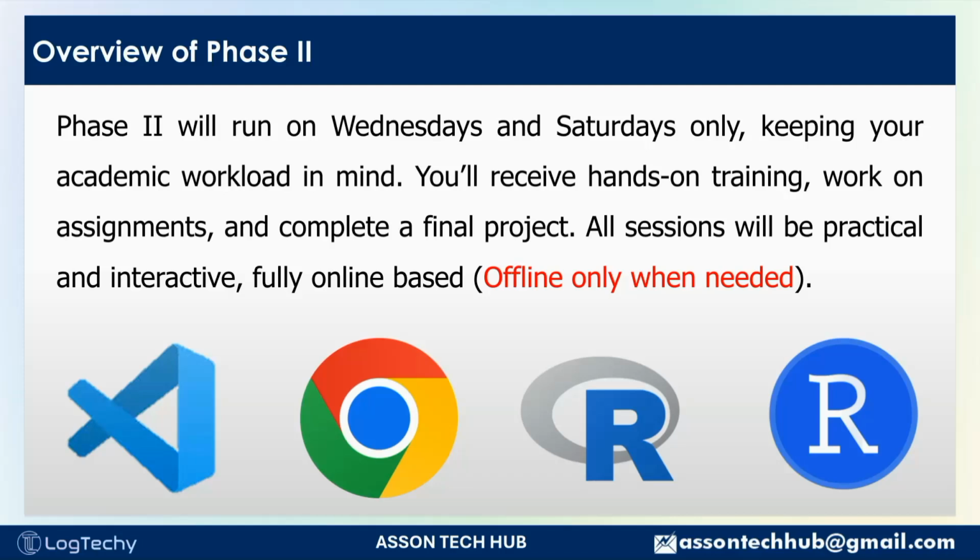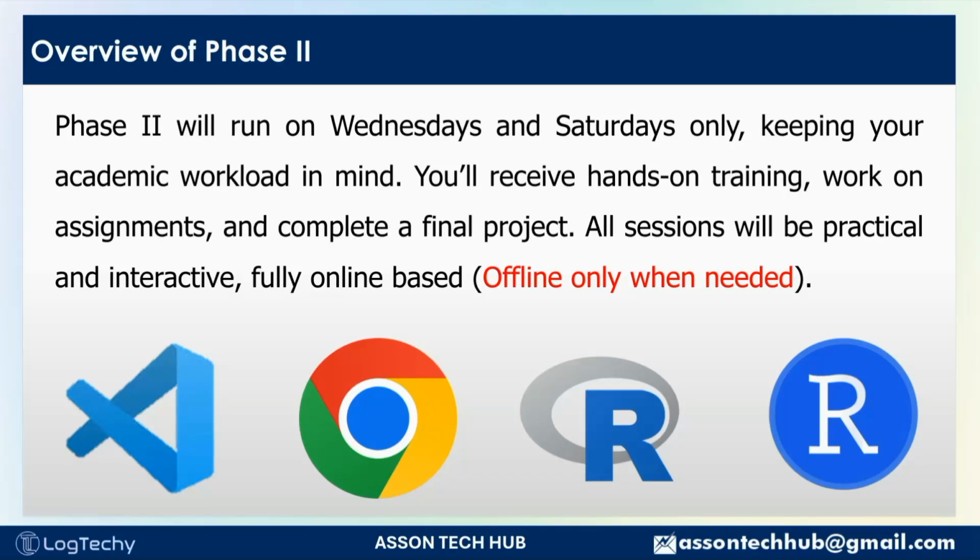You also need to have a browser installed on your system, so it can be Google Chrome, Microsoft Edge, Firefox, etc. Then you need to install R, which is what we'll be using for data analysis, and also install RStudio, which is the IDE that we'll be using in writing our R programming.